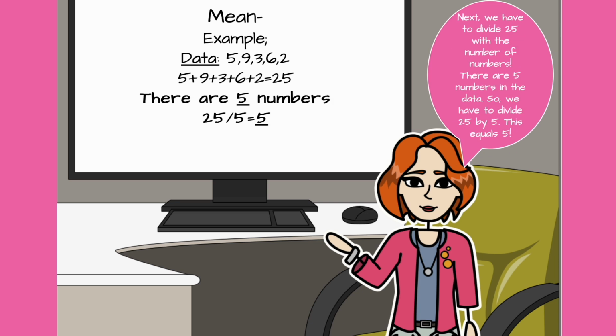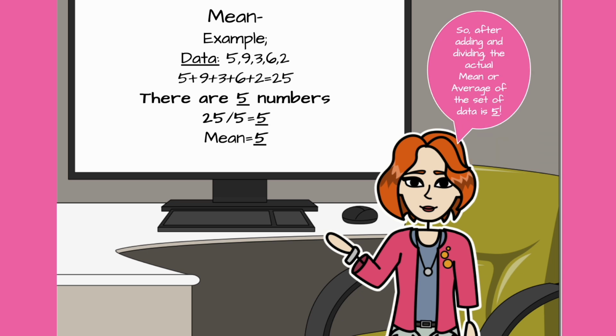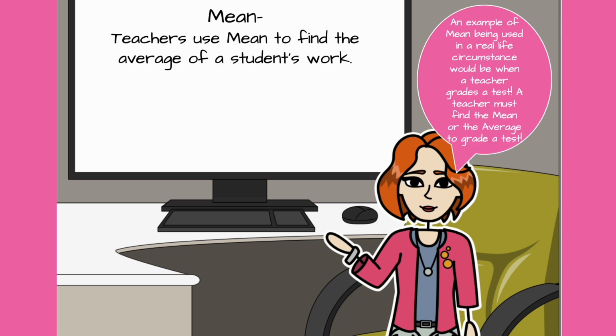Next, we have to divide 25 by the number of numbers. There are 5 numbers in the data. So we have to divide 25 by 5. This equals 5. So after dividing and adding, the actual mean or average of the set of data is 5.